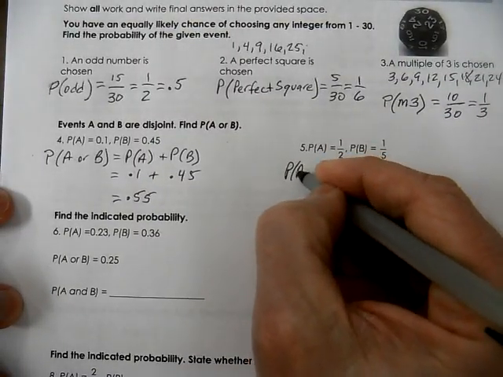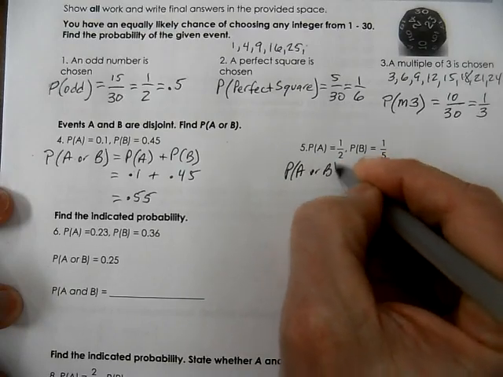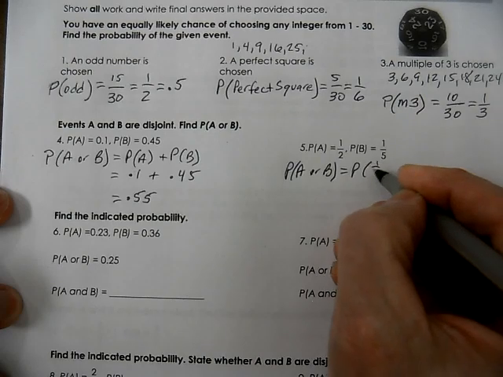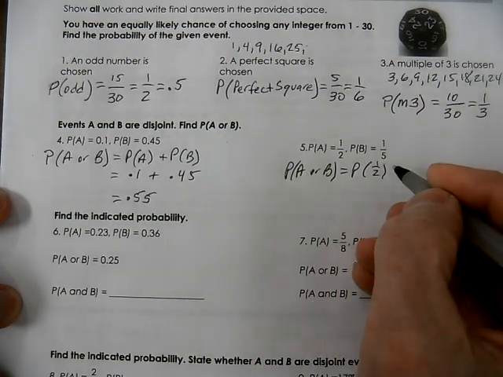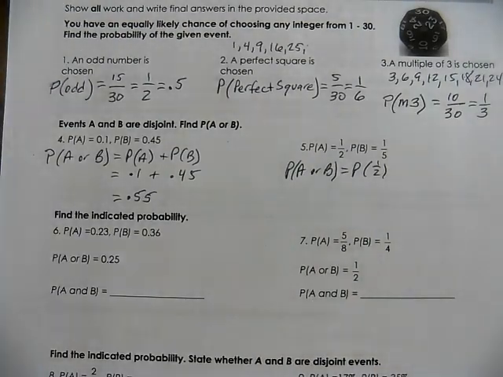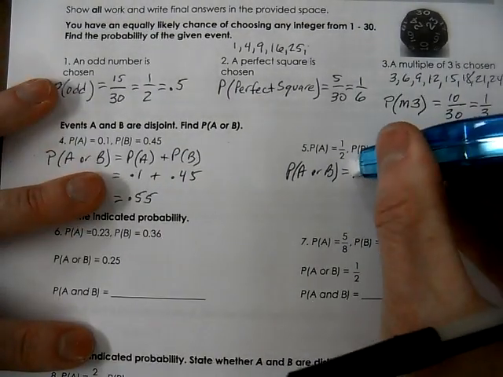Here, probability of A or B equals a probability of 1/2. Well, let's see. I'm going to change that up.